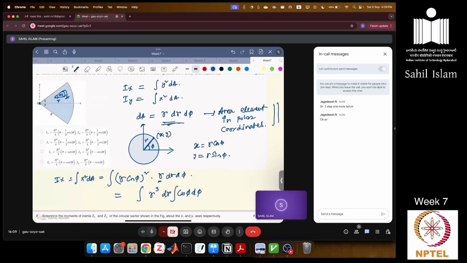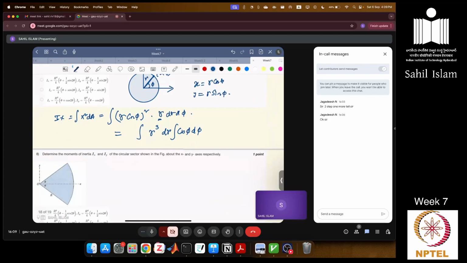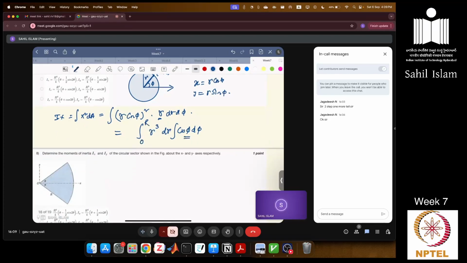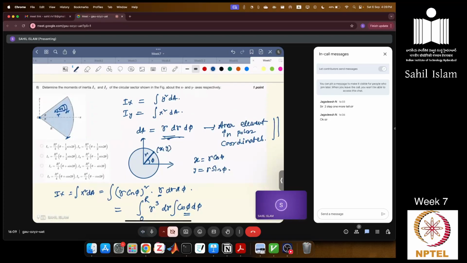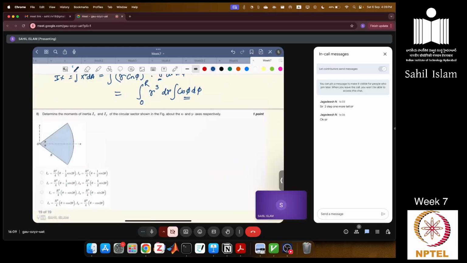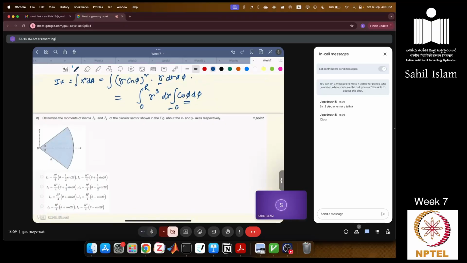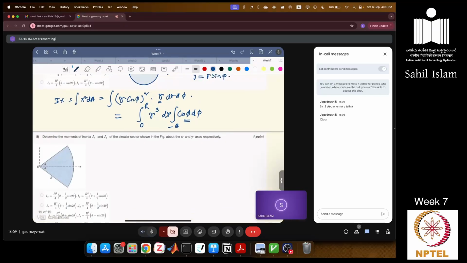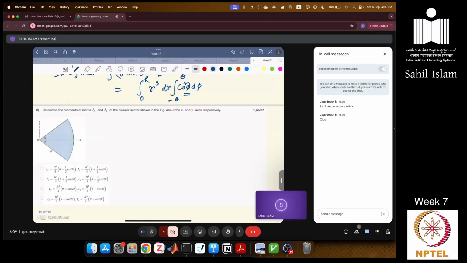It should be from 0 to capital R, and phi is from minus theta to plus theta. I guess you know how to integrate cos squared phi. So the r part is r to the power 4 by 4, times cos squared phi d phi.